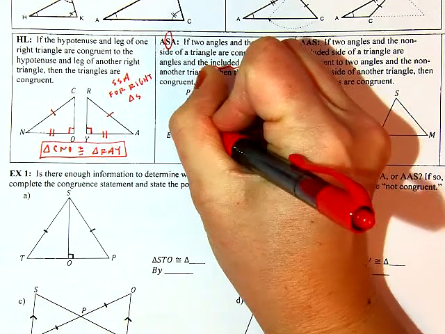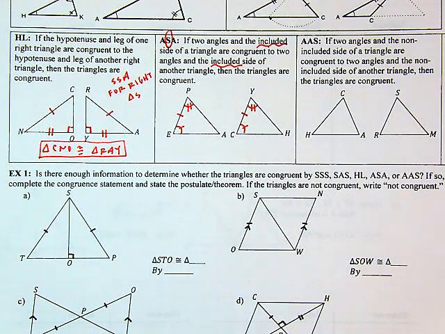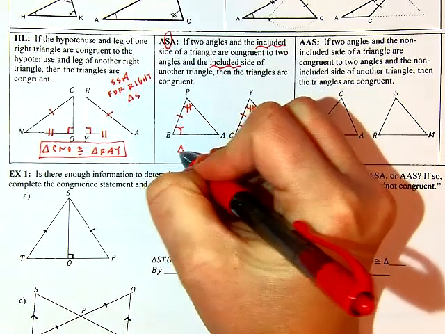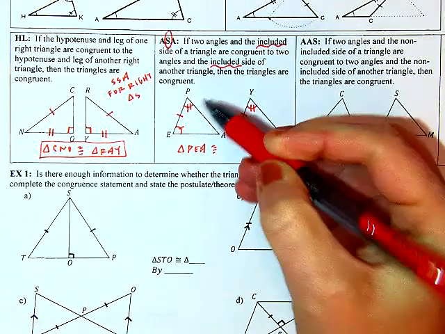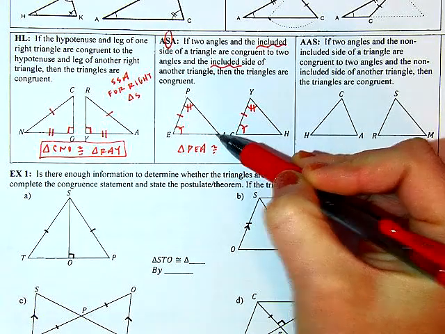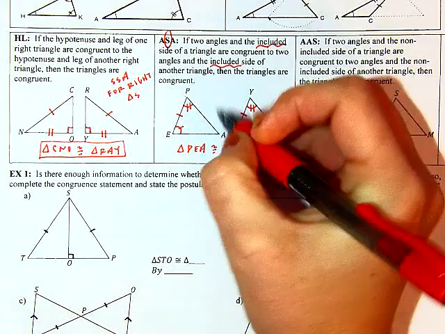So it has to be here and here, right? It has to be included, it has to be in between the two known angles. So now if I write myself a statement, I can say that triangle PEA, so PEA will be congruent to YCH.